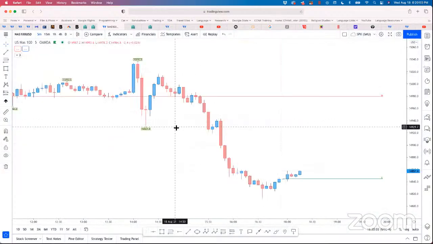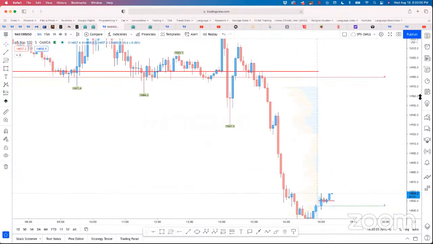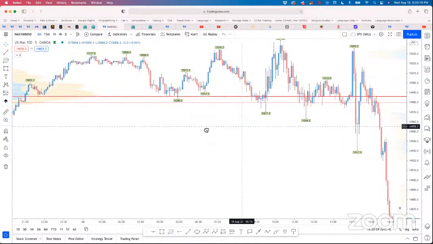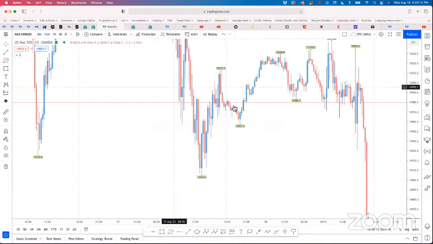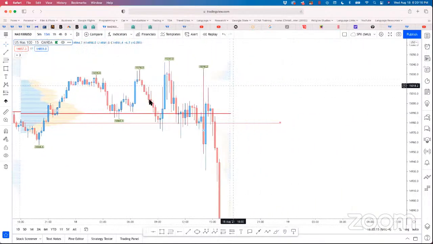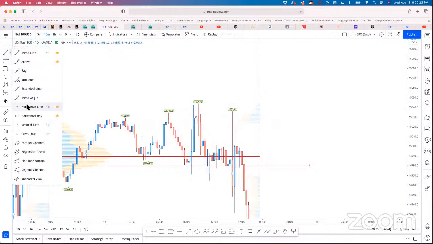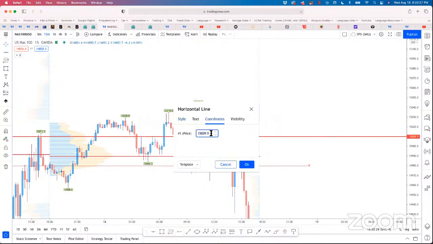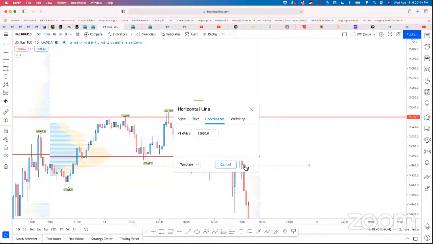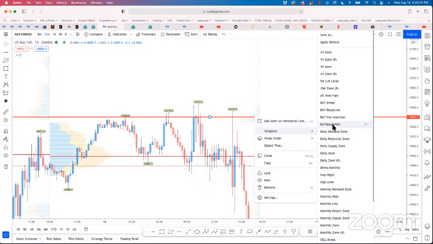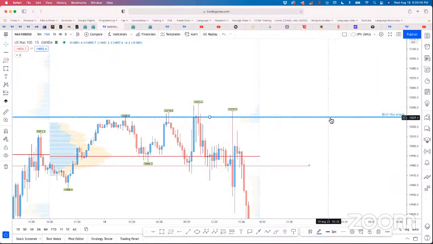Anybody got the details for that NAS buy? I was in it, so I should have everything on it. The NAS buy was at 15,030.